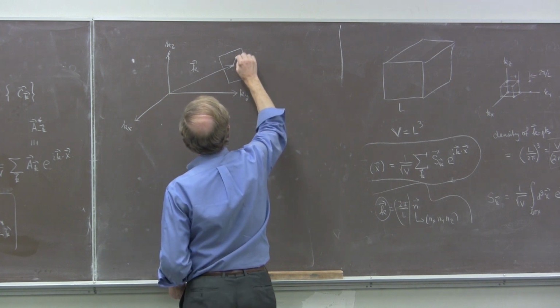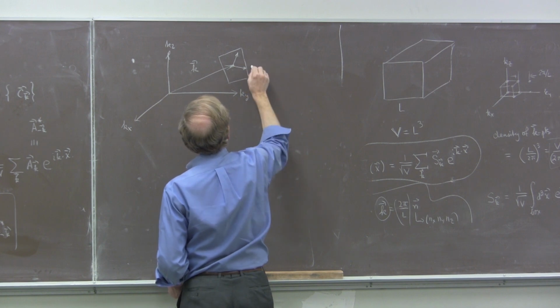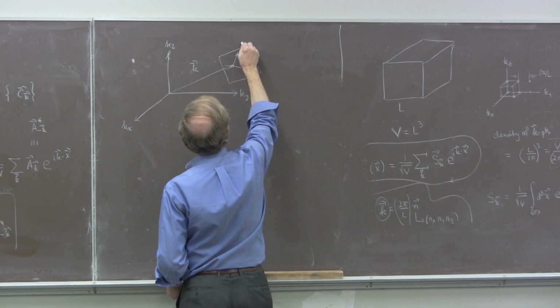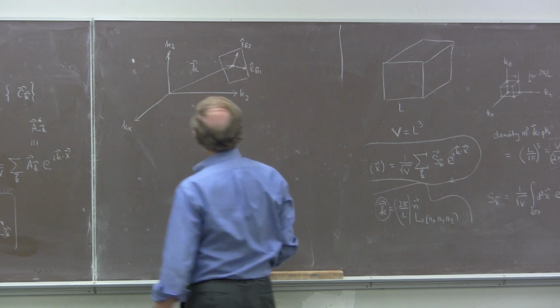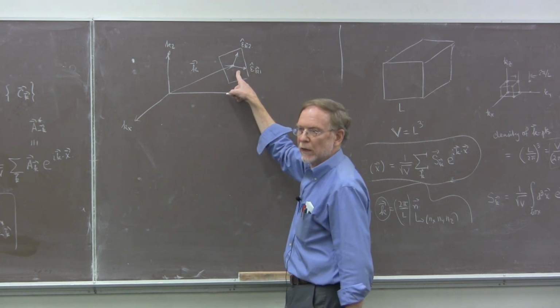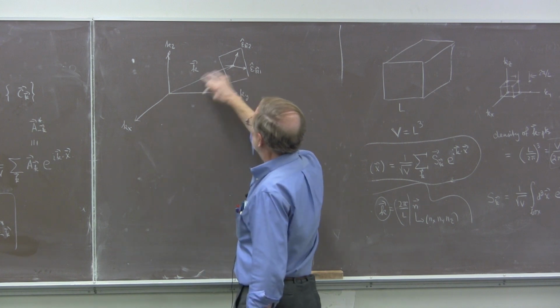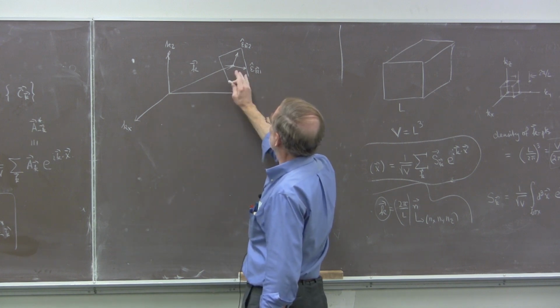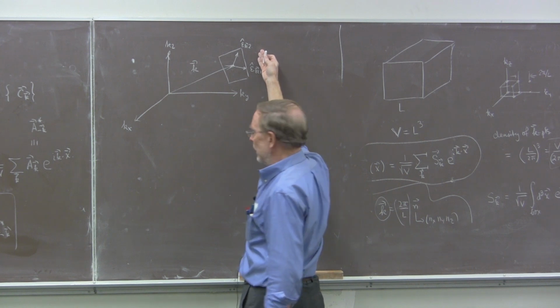And allow me to introduce in this plane a pair of orthonormal unit vectors, which I'll call epsilon hat of k1 and epsilon hat of k2. We want to use these to expand complex vectors, so we're going to allow these to be complex unit vectors. So in an arbitrary manner, for each lattice point in k-space, let's look at the transverse plane, and define a pair of orthonormal unit vectors in that plane.